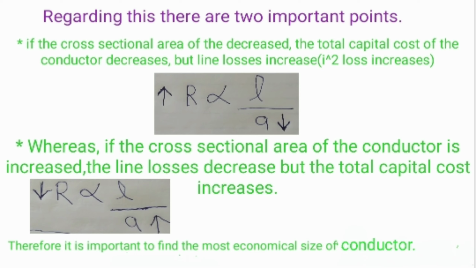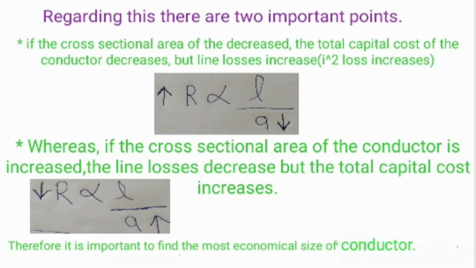You can understand by the given formula. Whereas if the cross-sectional area of the conductor is increased, the line losses decrease, but the total capital cost is increased, as you saw in the formula. Therefore, it is important to find the most economical size of the conductor.